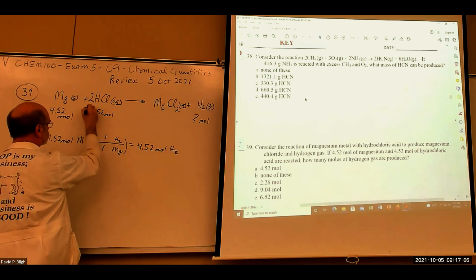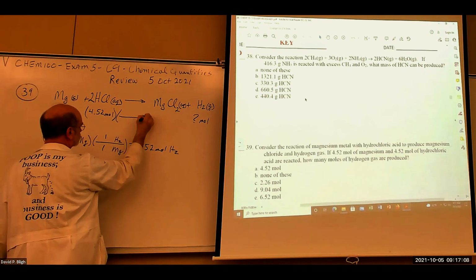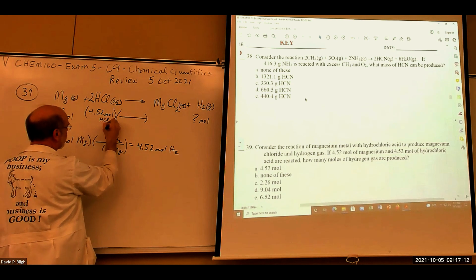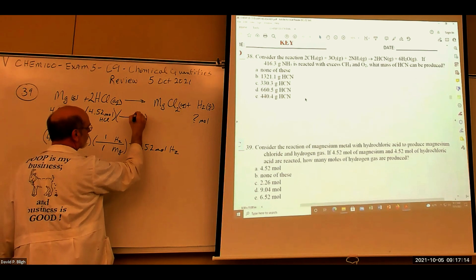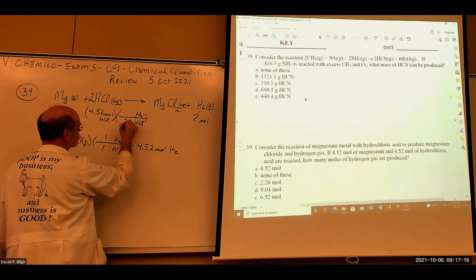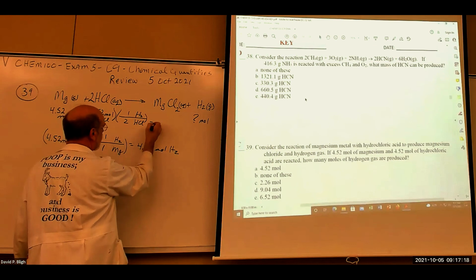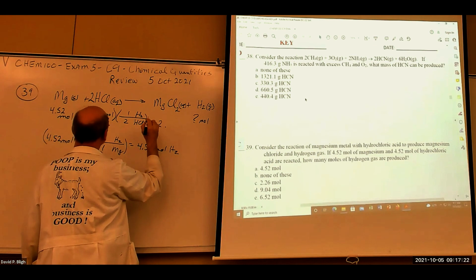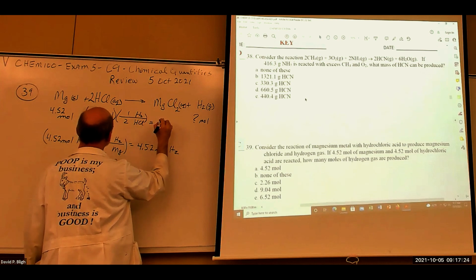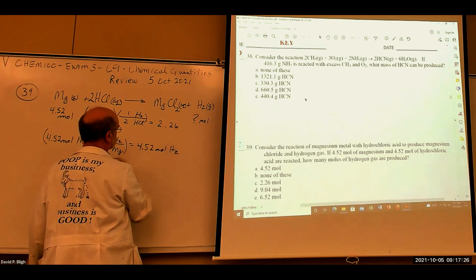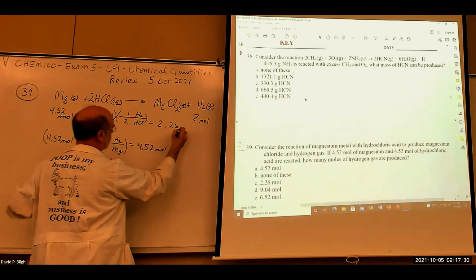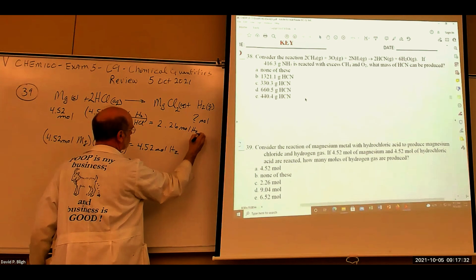How about this one? This is HCl, so we need HCl here and hydrogen gas there. This one's 2 and that's 1. So half of that would be 2.26 moles of hydrogen.